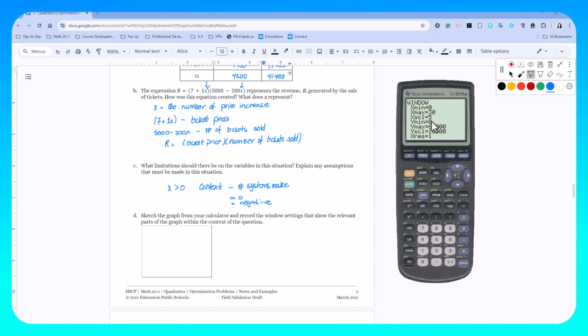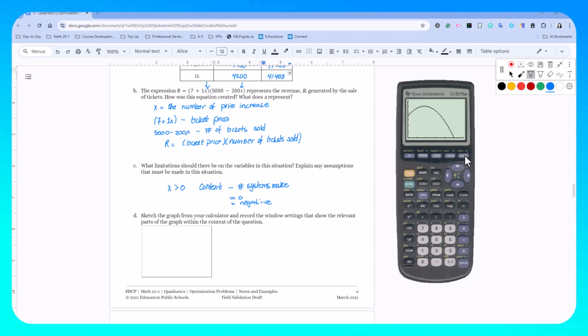Well, y also should be greater than 0, of course, because we're talking about money and we don't want to make negative money. But the maximum value, because our numbers were so big, I started with 60,000. Now, if you found a different number that worked and you could see the entire graph with a number that's a bit lower, that's okay. And I set my scale to 10,000s. So every tick on my y-axis will represent 10,000.